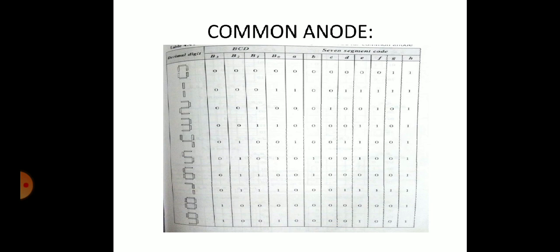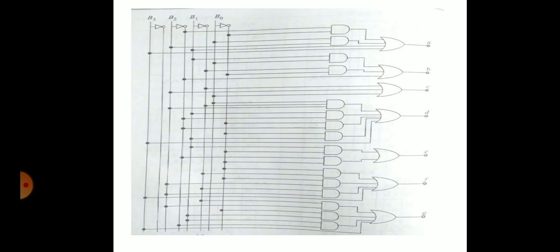Then using the variables B3, B2, B1 and B0, you will do the K-map for A, B, C, D, E, F, G, H. For all the variables, you will do the K-map. These are the K-maps, and you will get these 1, 2, 3, 4, 5, 6, 7, 8 expressions, and using these expressions we will do the logic diagram.